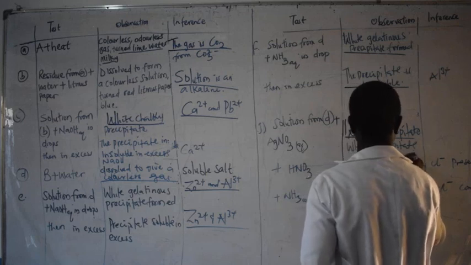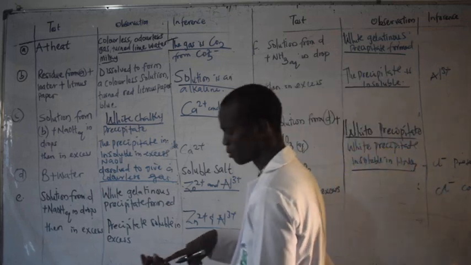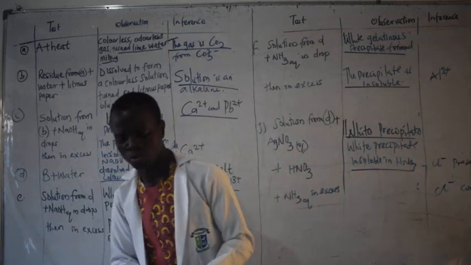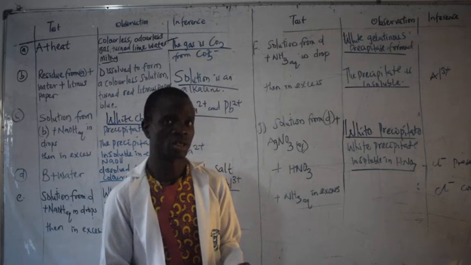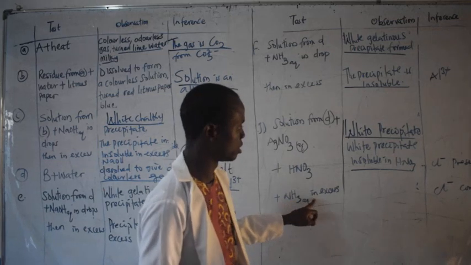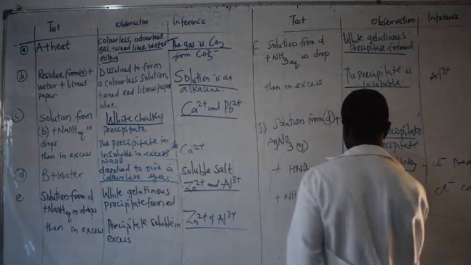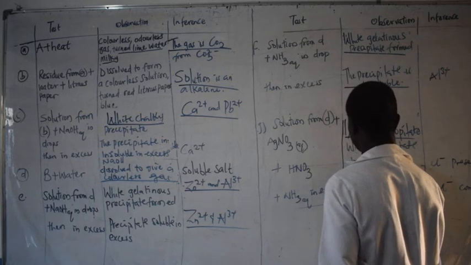Now you have a white precipitate; sometimes it can be CO3 2 minus, it can be S2 minus. But when I add ammonia to it, the precipitate will dissolve.